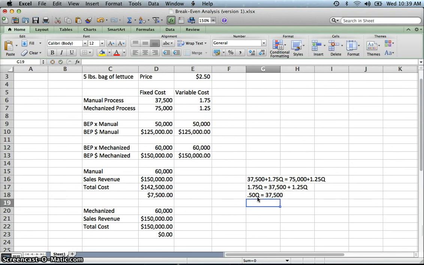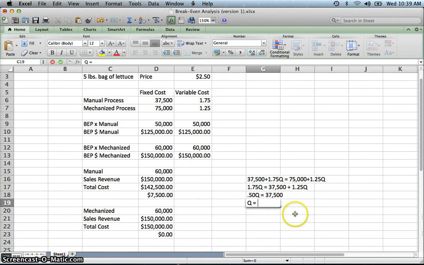Now to get rid of the 50 cents times the Q, because it's multiplication, we divide. So if I were to then finish off, I'm going to divide both sides by 50 cents. So 0.5 times Q divided by 0.5 is Q, and then this one would be the 37,500 divided by 0.5.